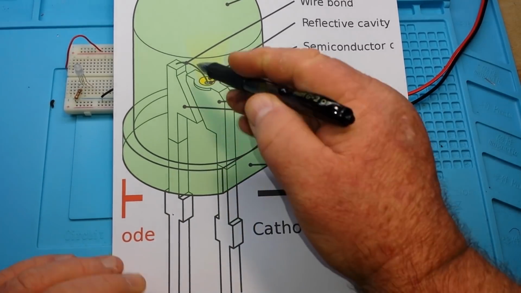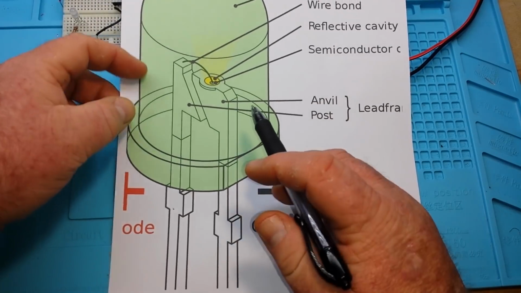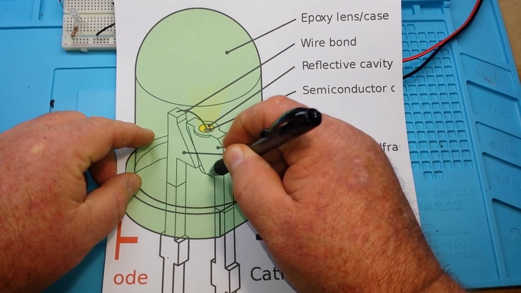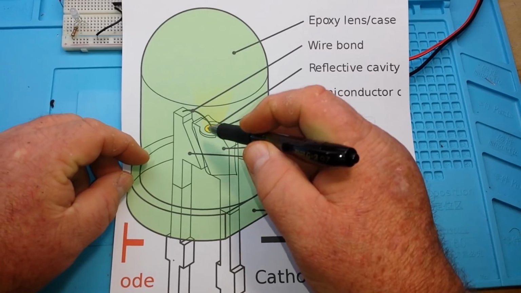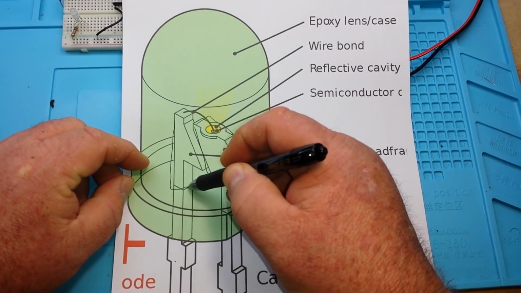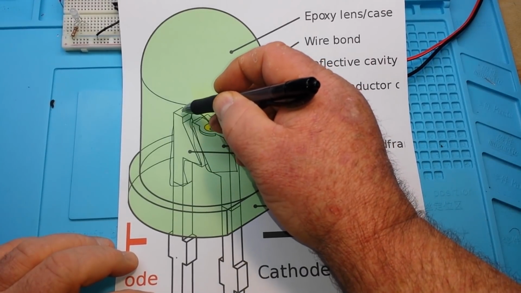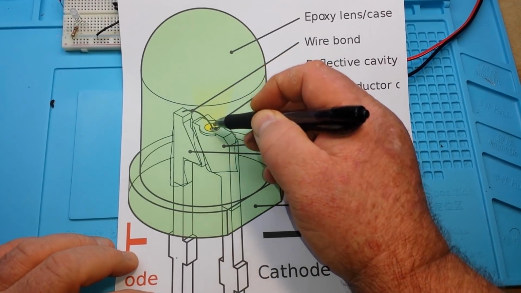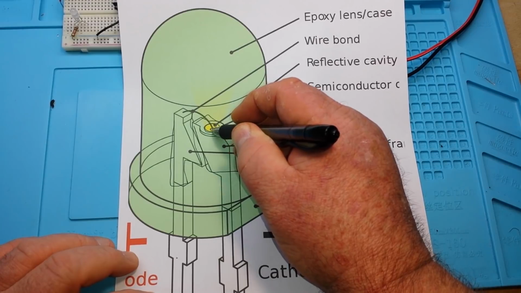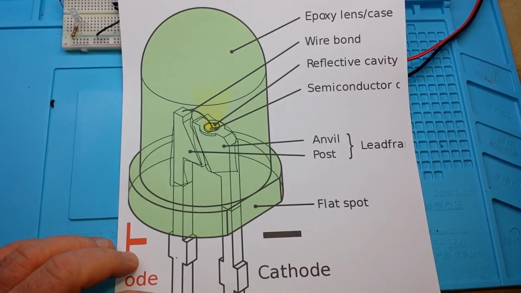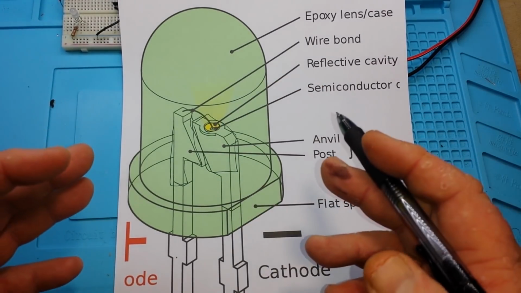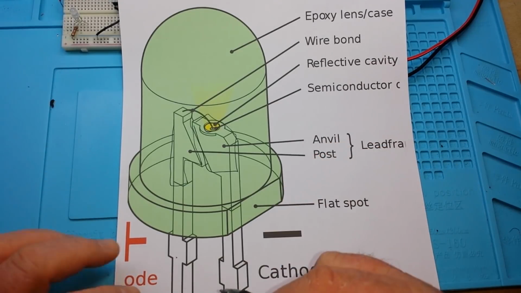The cathode goes up to this piece right here that we call the anvil, and the anode goes up to this piece here that we call the post. Then you have your bond wire that comes over from the anode and into this little pan here, which is where your semiconductor material is. Different chemicals produce different lights.